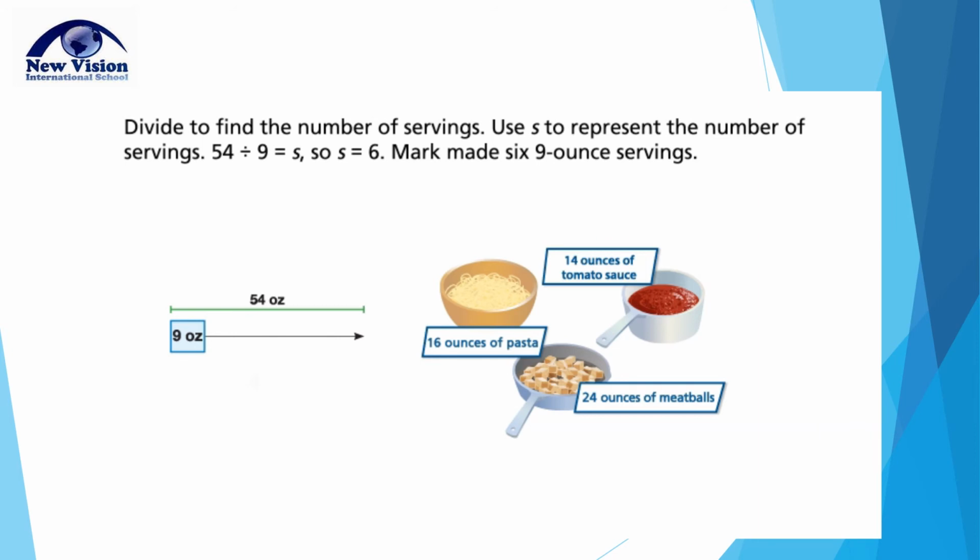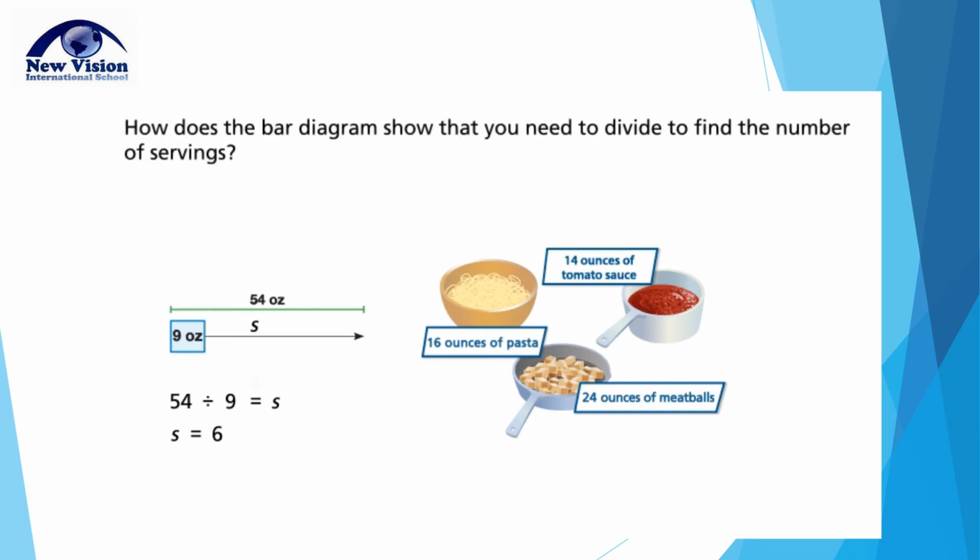Divide to find the number of servings. Use S to represent the number of servings. 54 divided by 9 equals S. So S equals 6. Mark made 6 9-ounce servings. How does the bar diagram show that you need to divide to find the number of servings?